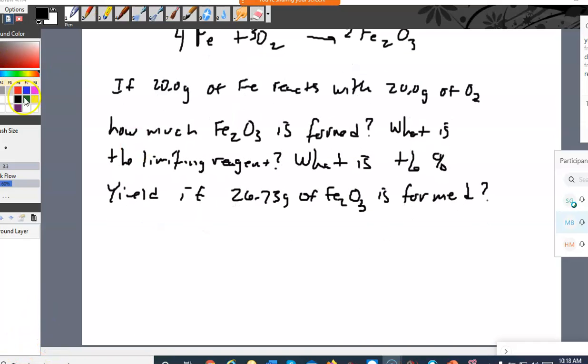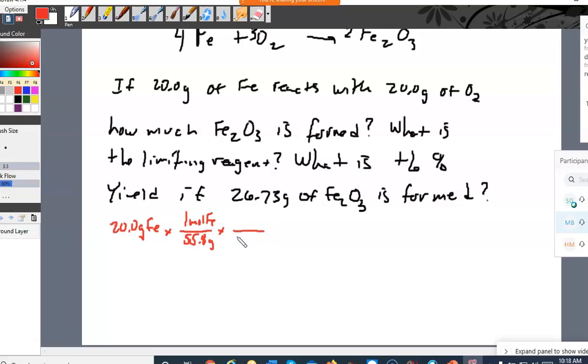All right, so let's go over this. You start with 20 grams of iron, and then use the molecular weight of iron, which I'm going to round up to 55.8 grams.